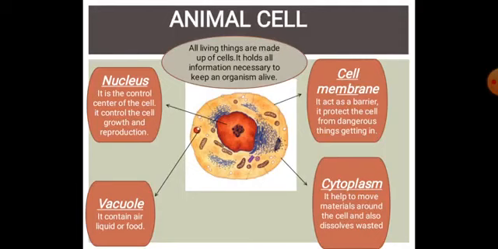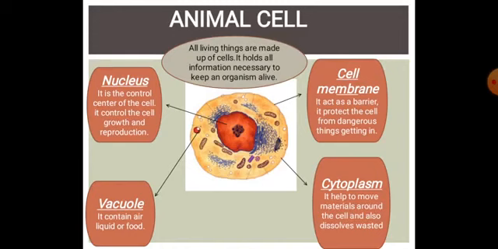Animal cell. All the living things are made up of cells and it holds all information necessary to keep an organism alive. An animal cell is divided into nucleus, cell membrane, vacuole, and cytoplasm. Nucleus.